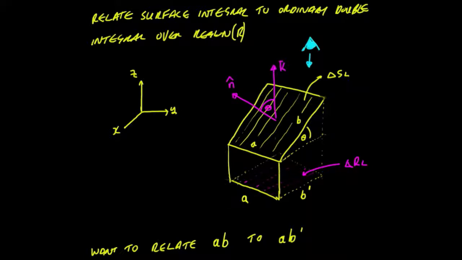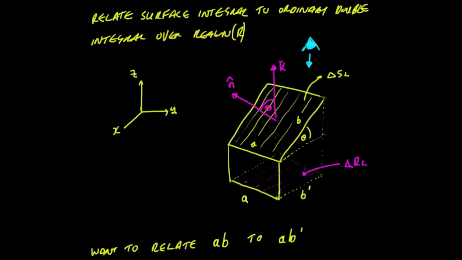So that's this length here. And you can see this length b dash is shorter than our length b. So what we want to do is relate the area AB, which is this area up here, to the area AB dash, which is relating the area delta SL to delta RL.